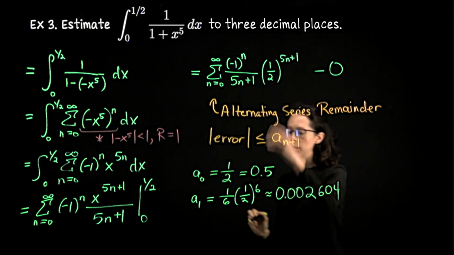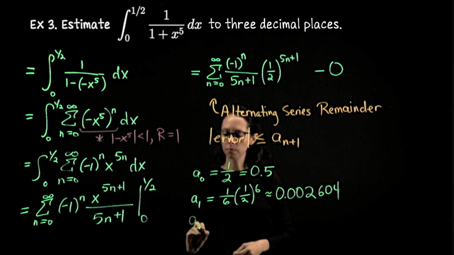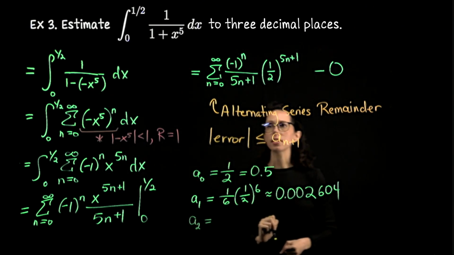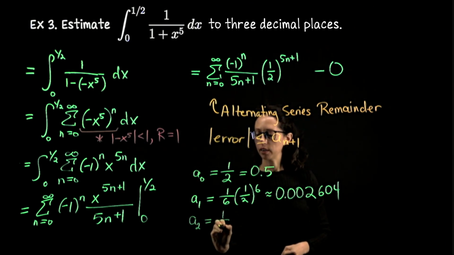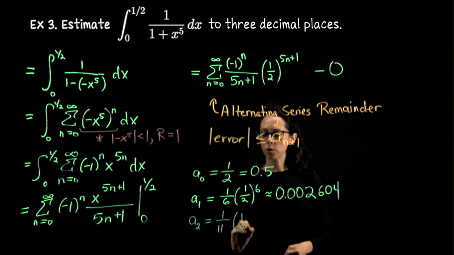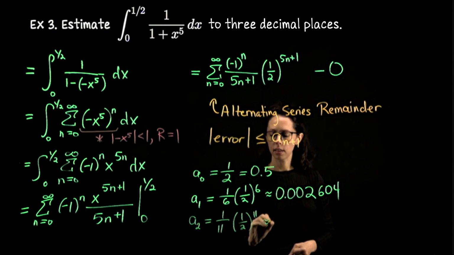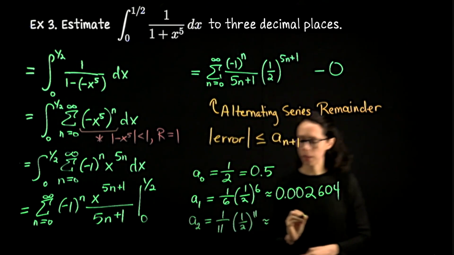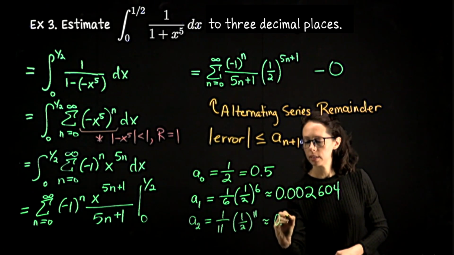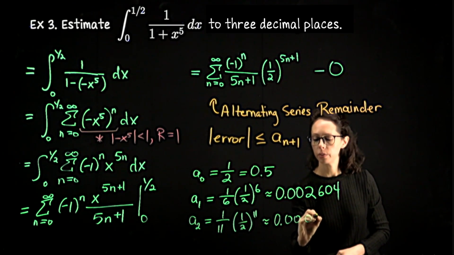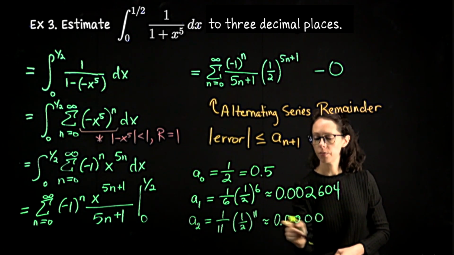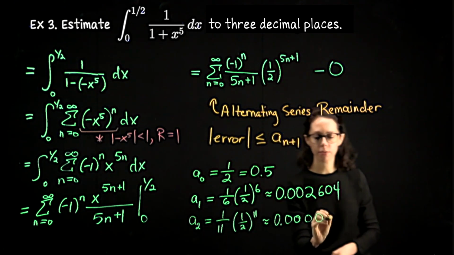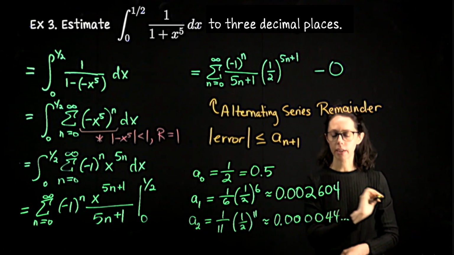The next term that we would add up happens when n equals 2. And that term is going to look like 1 over 11 times 1 over 2 to the 11. This is obviously even smaller, and it's going to be 0.0000. So the first 4 decimals are 0, then we have 4, 4, etc.